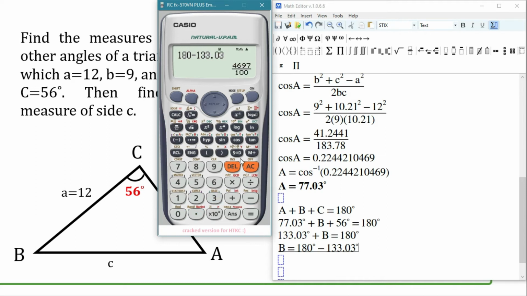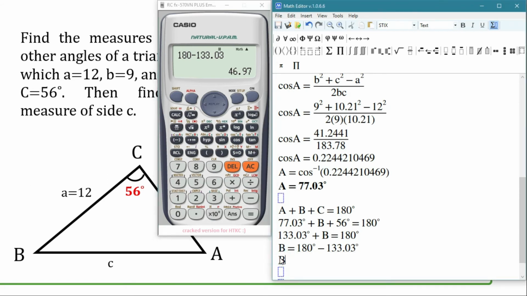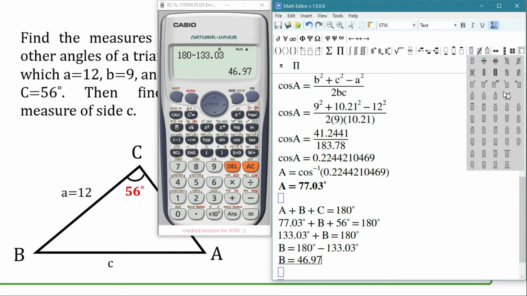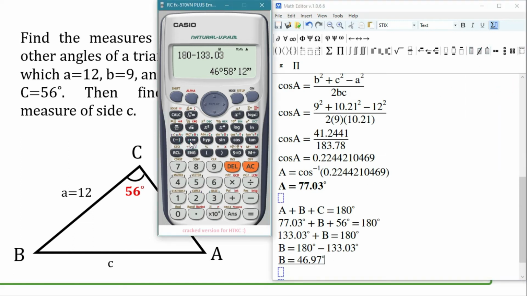And that is equivalent to 46.97. So, meaning to say, angle B measures 46.97 degrees. Okay, or in DMS, that's 46 degrees, 58 minutes, and 12 seconds.